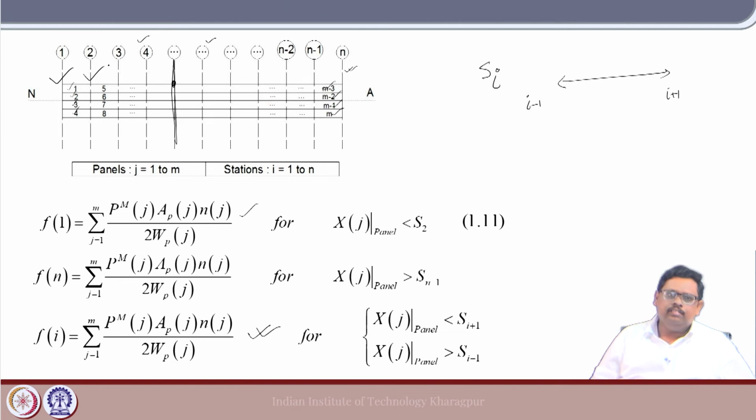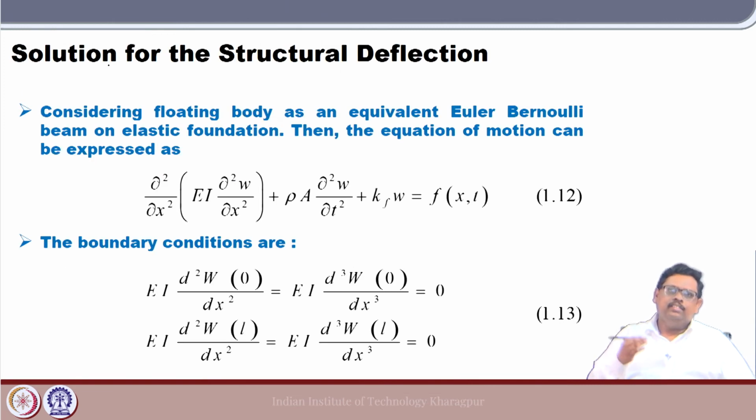Once I do that, then I can do the structural solution. As I mentioned, I am coming back in a future class, maybe next class, to the details of how we write the finite element formulation for this particular problem. Today we are just going to discuss everything in an overall fashion.